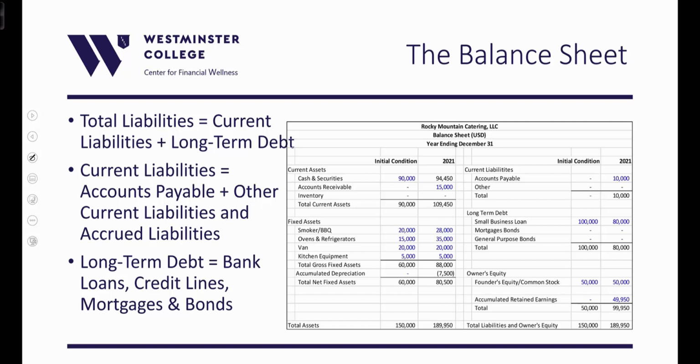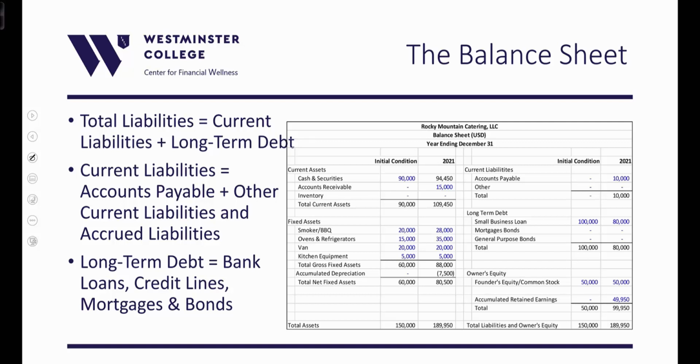Well, as I said, current liabilities are going to be equal to accounts payable, other current liabilities, and accrued liabilities, or items that we expect to have to pay within a year's time. Long-term debt, sometimes referred to as long-term liabilities, will equal any bank loans that we have outstanding, maybe a small business loan, mortgages, general purpose bonds, and a bond is just another word for a debt or a loan.